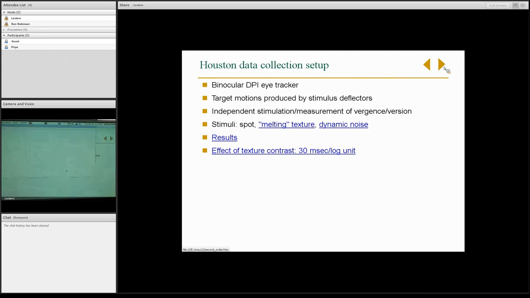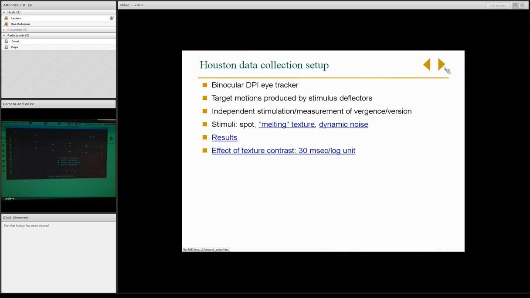So what this graph shows is what happens when we reduce the contrast of the texture. This is high contrast over here at the right, and as we make it weaker and weaker, we get a bit of slowing of the response. Again, I showed the demo at the beginning of how the equiluminant target appeared to lag behind the other one.